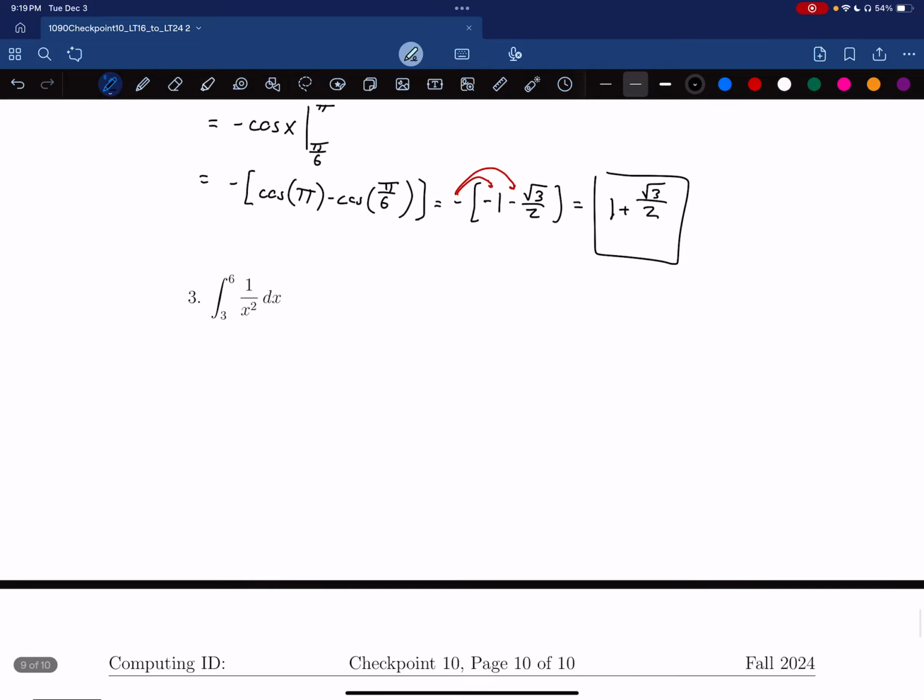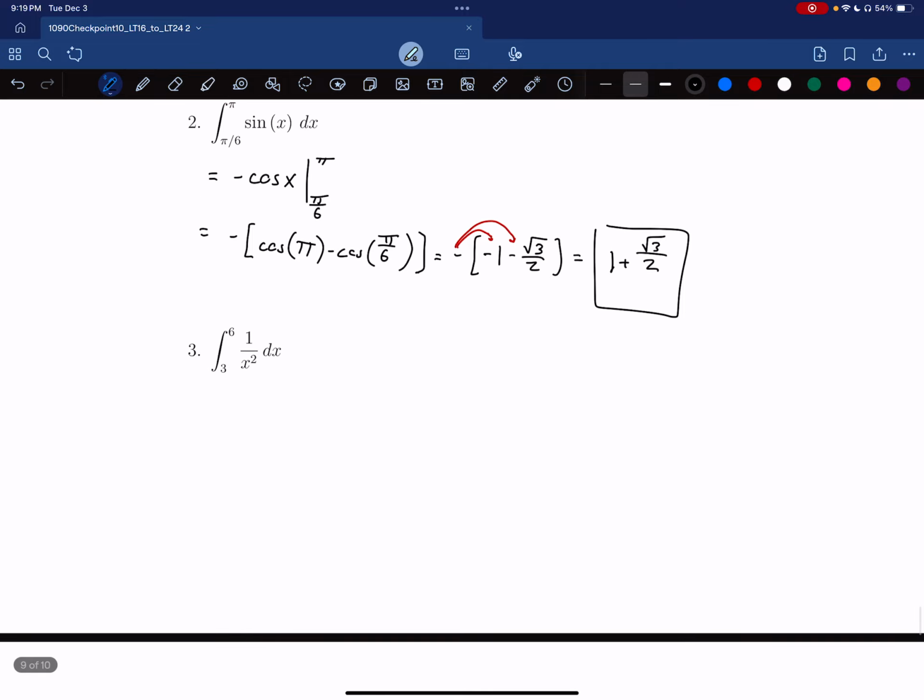Finally, one last question. This also looks like power rule to me. Well, it looks like it could be put in a good form for power rule, so I'm going to do that. 1 over x squared is the same as x to the -2 power dx. Then taking the antiderivative, I'm going to add 1 to that exponent, so I'll have x to the -1. I need to divide by this -1, which just means I'll have a negative out in front.